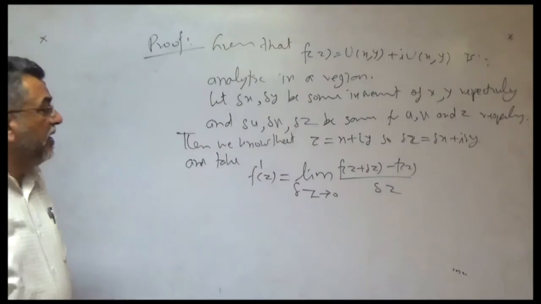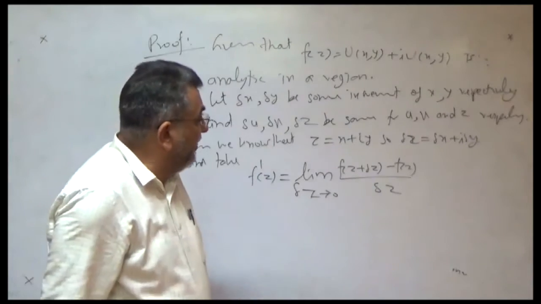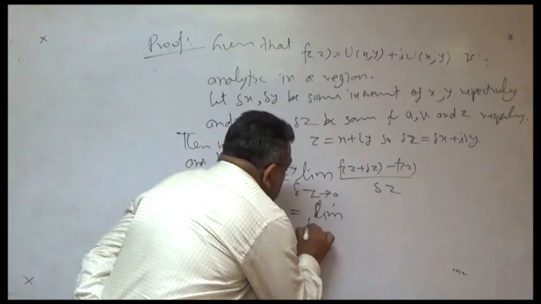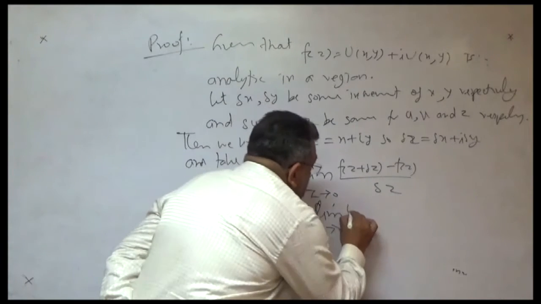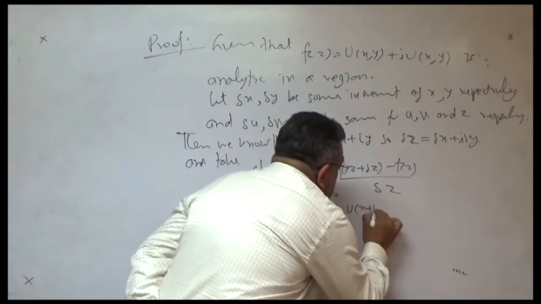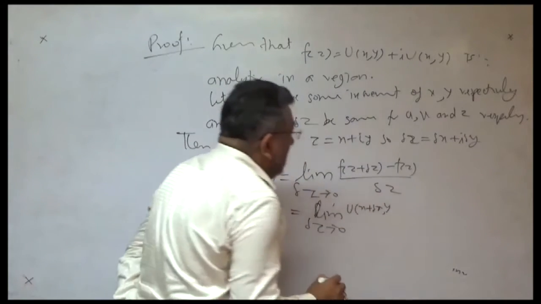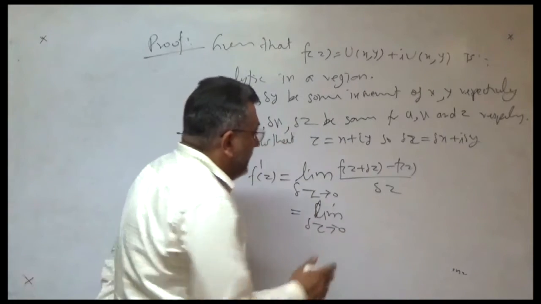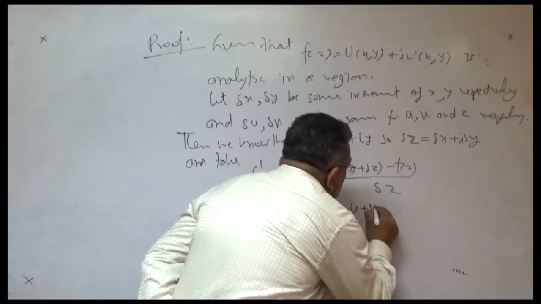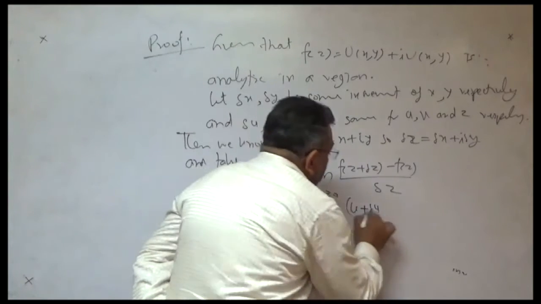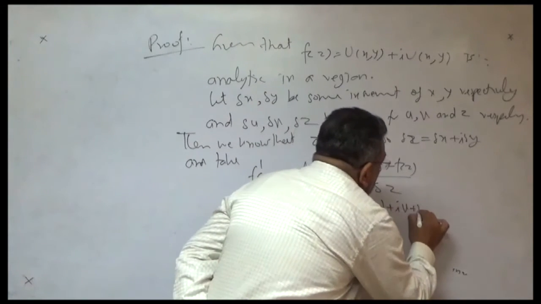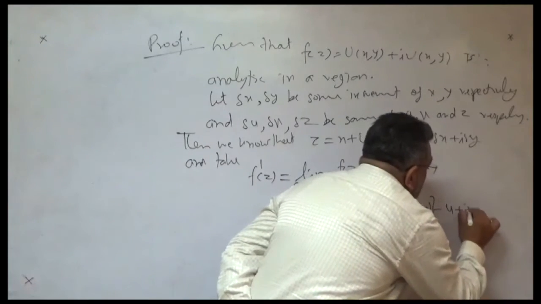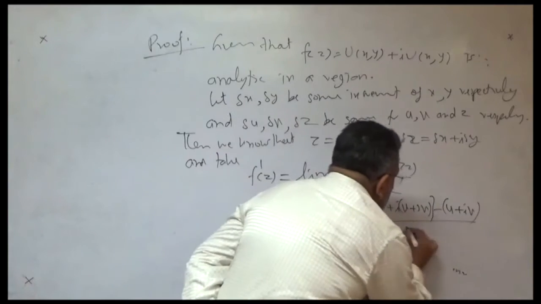This is the definition of derivative, and if we open this, it is the limit as del z tends to 0 of u(x plus del x, y), that is u plus del u, plus i times v plus del v, minus u plus iv, upon del z.